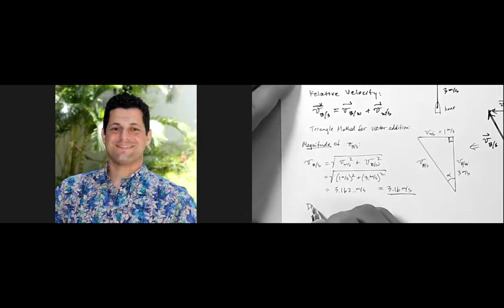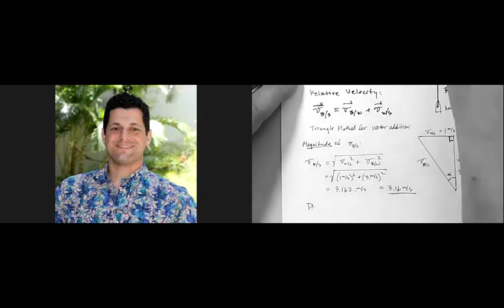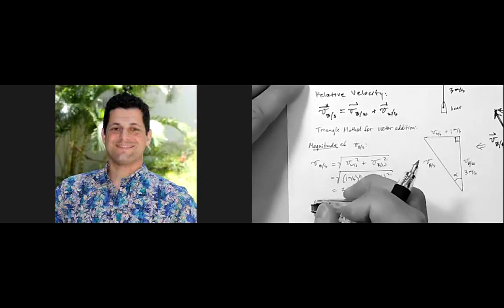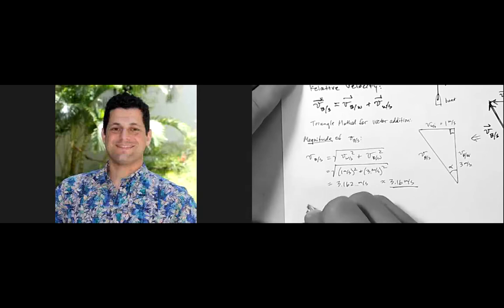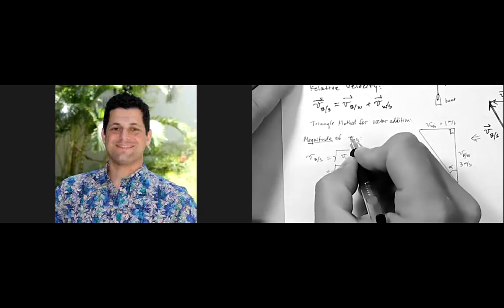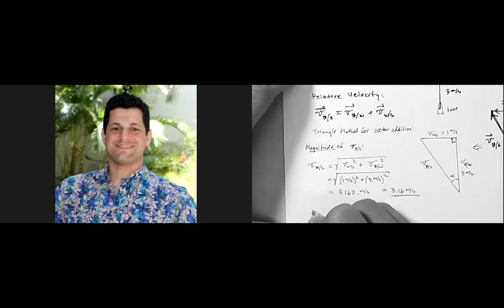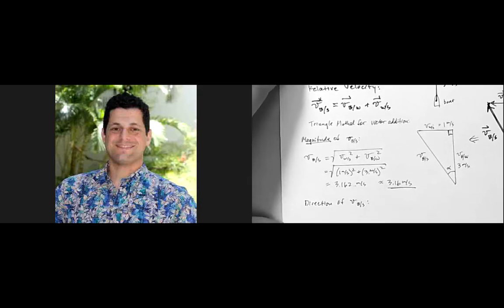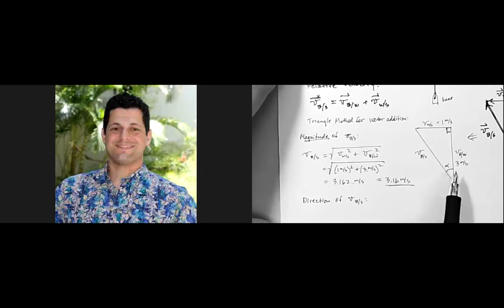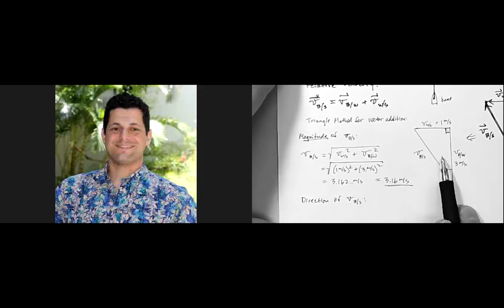Let's get the direction. Let's get the angle alpha. Well, it really is sort of the angle of the V with respect to shore. Bearing in mind it's not the trig angle, it's this angle of degrees west of north.